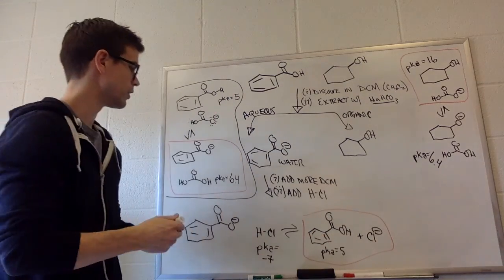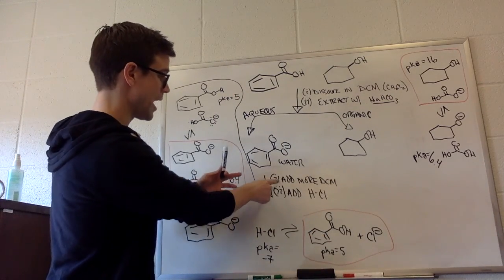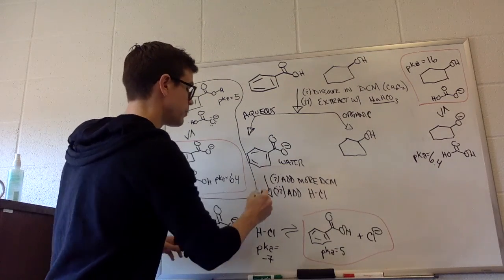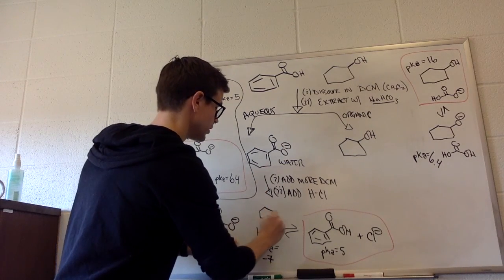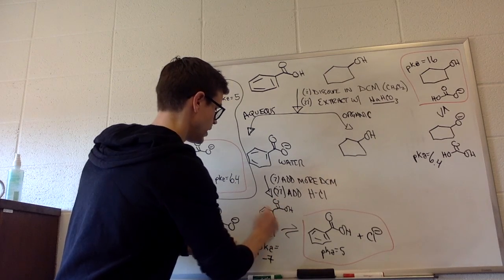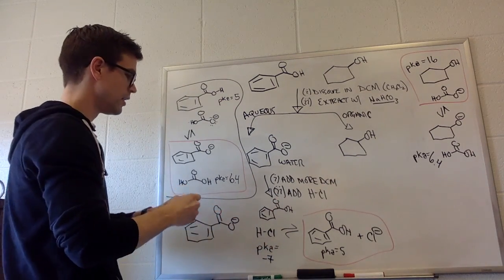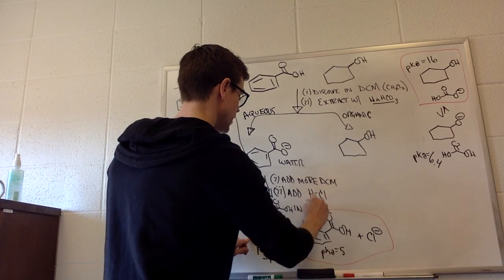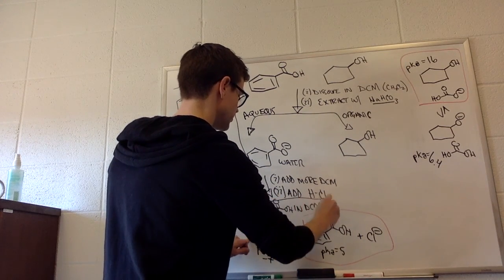So at this point, once we add the dichloromethane and add more HCl, we're going to reprotonate our carboxylic acid, and that will make it soluble in the dichloromethane. So that's what we need.